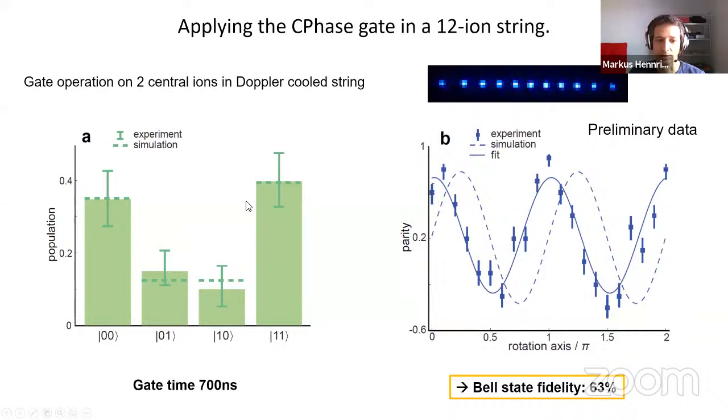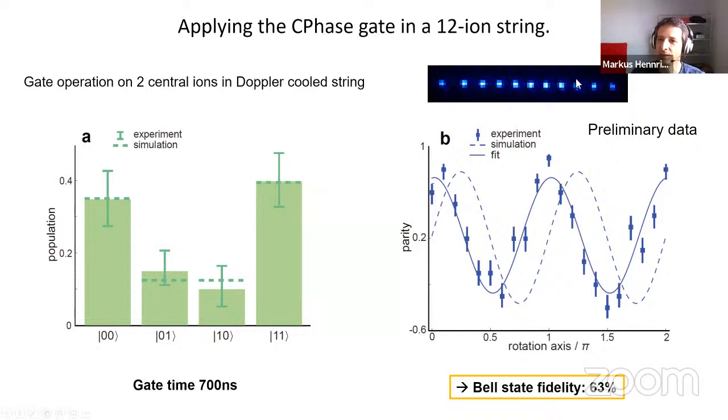And also here, it has the same gate time, 700 nanoseconds operation time. We used in this case the zero parity states and a similar ion distance. The gate fidelity that we can measure here is on the order of 63%. We know where the higher infidelity comes from.